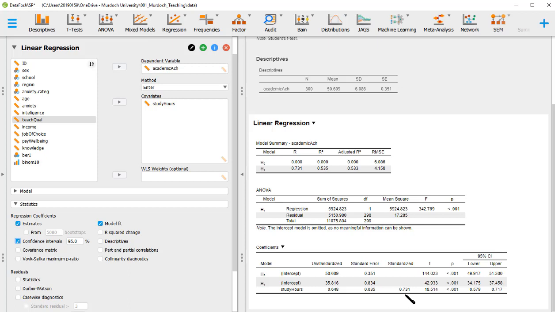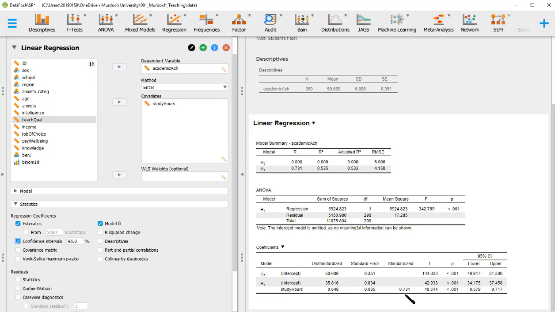In the variable, let's say study hours, we calculate the mean and the standard deviation of that distribution, and then for each of the raw values, we subtract the mean and divide by the standard deviation. By doing that, we get a new set of standardized values, and if you take the mean of those, the mean is 0.